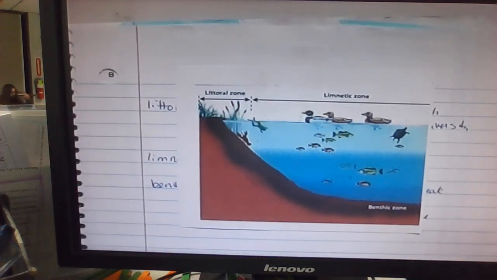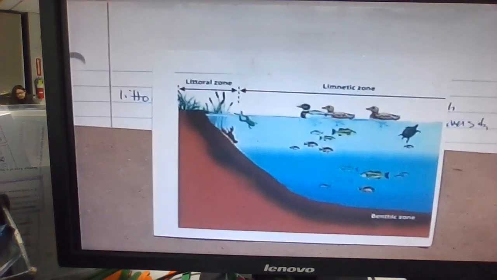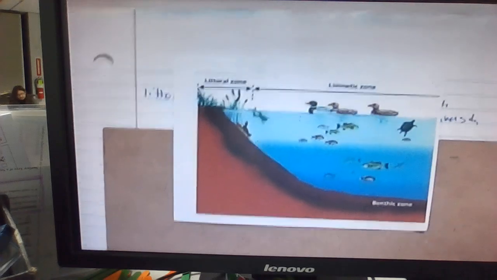We did the picture first. Or the pictures first, because it'll make a little bit more sense. Been a long day. Okay, so this is on the right-hand side.